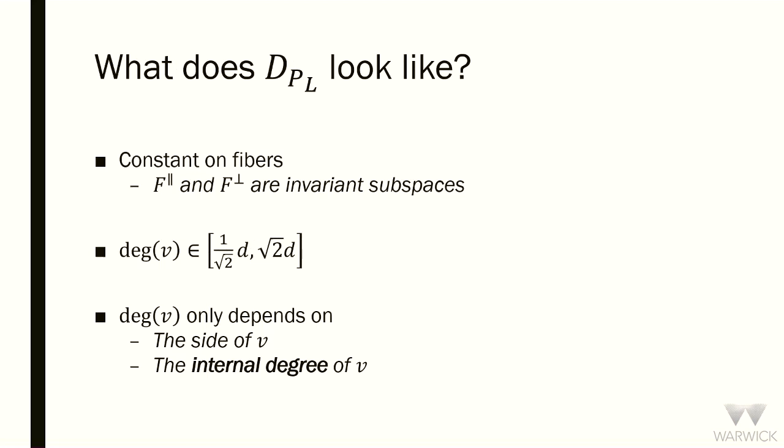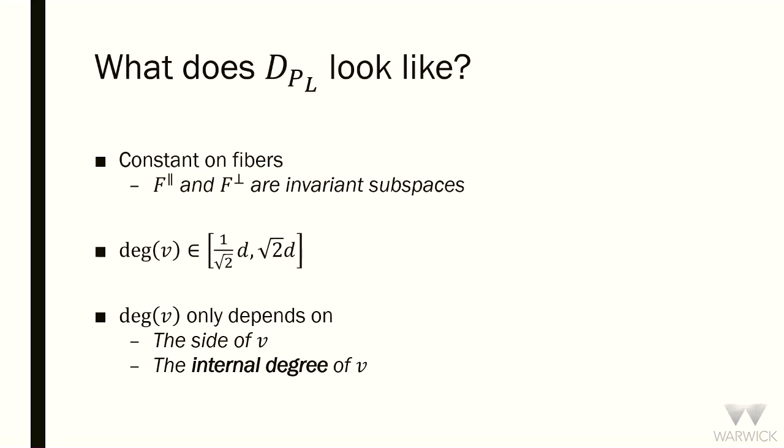And let us talk about the degree matrix. First of all, the degree is constant on each fiber. The degree only depends on two properties: which side you are in, whether you are in B or in L, and the property we call the internal degree. Let's say I'm a vertex in B, how many edges do I send to B?